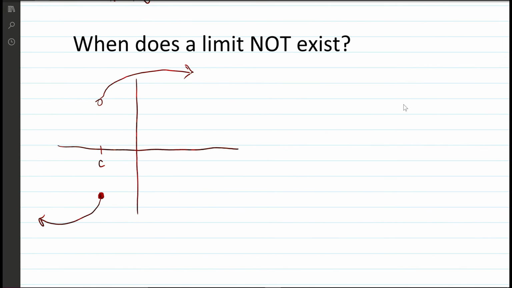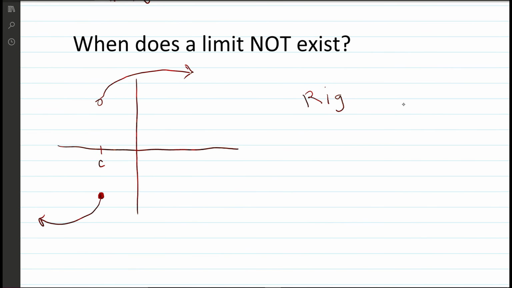All right, so the final quick topic in our introduction to limits is, when does a limit not exist? I have this function already drawn out for us, and at that value c, we have a closed circle going to the left, and at this value c as well, up above, we have an open circle going to the right.